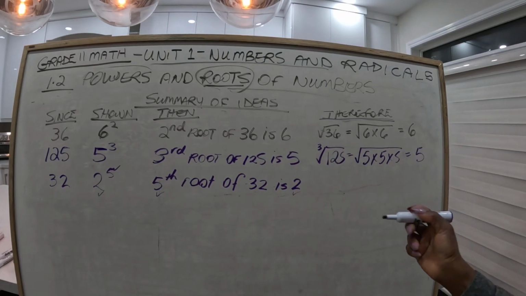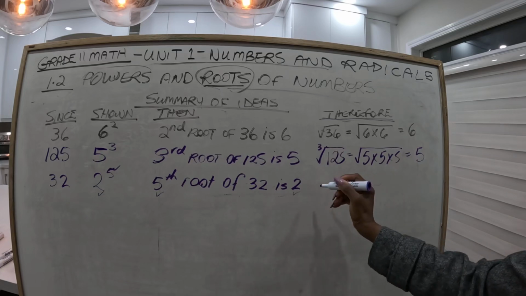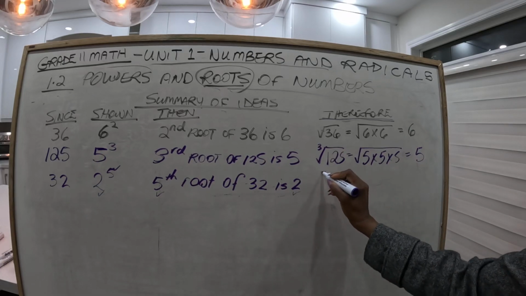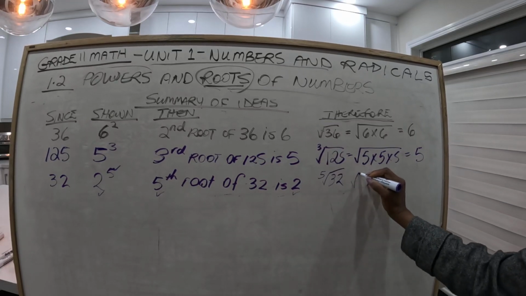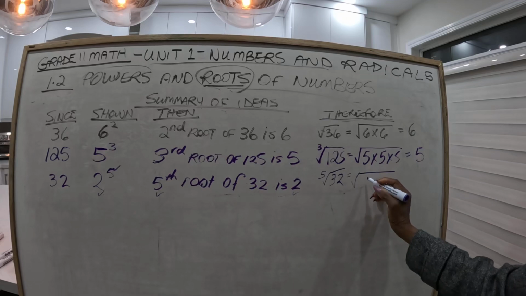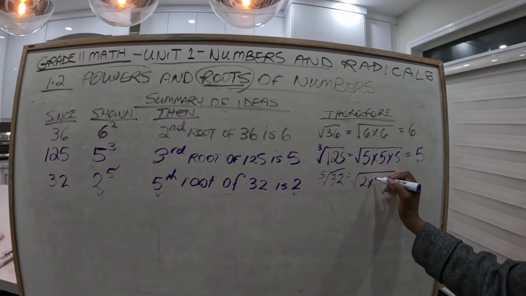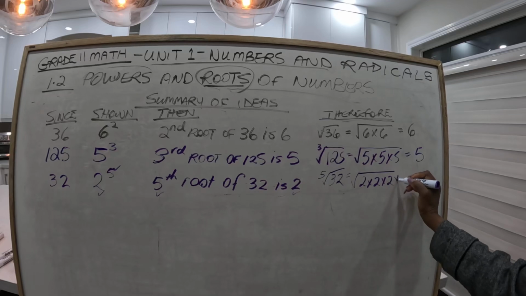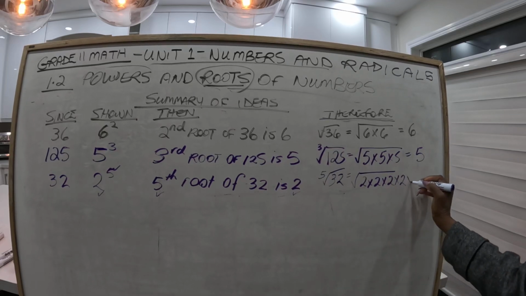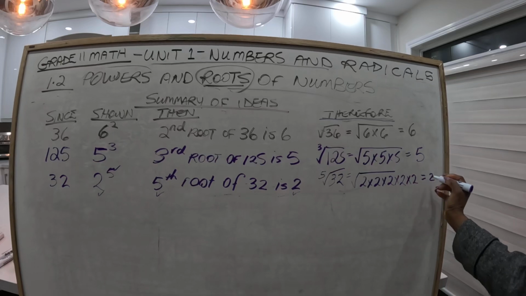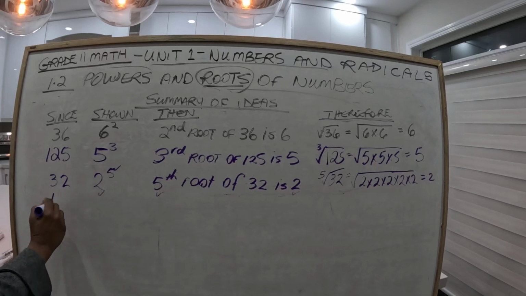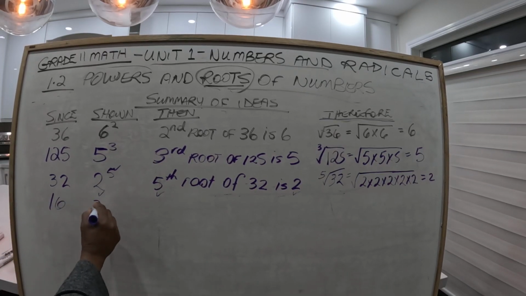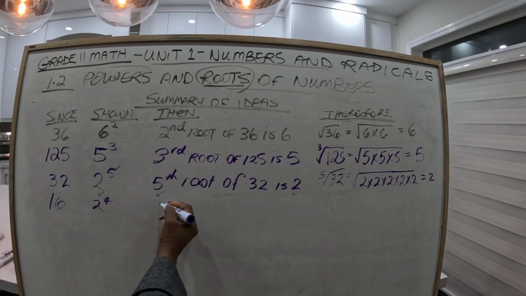Therefore, if we put the 5 here, which is the opposite of what we just did, of 32, that's equal to 2 times, so we're just going to do it 5 times, and that's equal to 2. Okay? One more. Easy. 16 is 2 to the power of 4. And this is also something that is easy to remember.